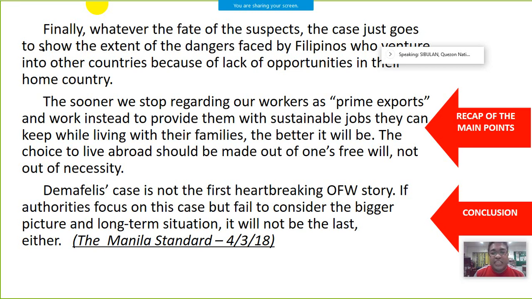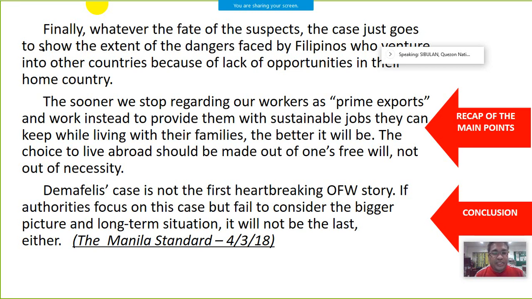That's why in the process they meet such kind of treatment from their employers. Then the next paragraph is a recap of the main points. Then the last paragraph is the conclusion.